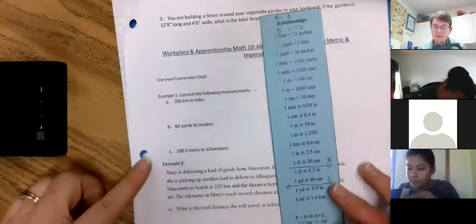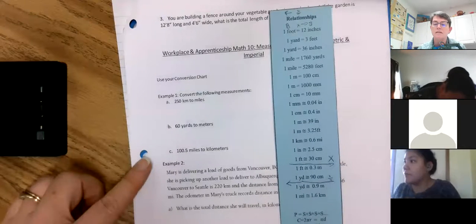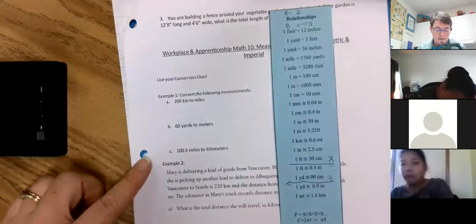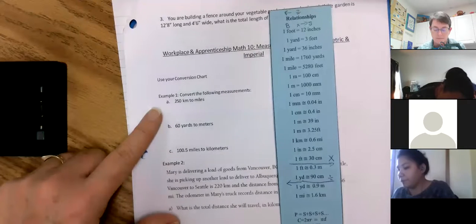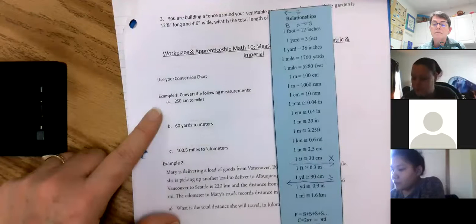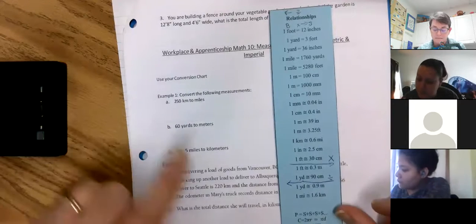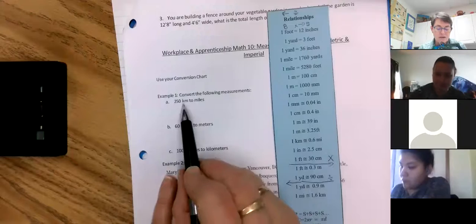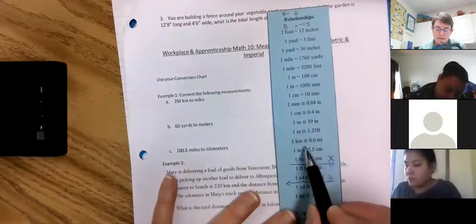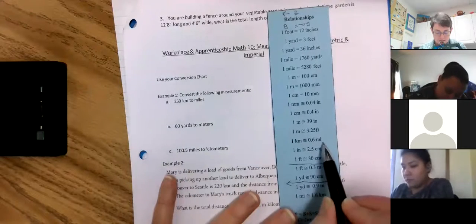So what's the conversion factor? John, can you see it? Yeah, I can see. Okay, 1 kilometer is how many miles? This is one we're going to use. So I'm starting at kilometers and I'm going to miles. This is in the same order. 0.6 there. Yeah.